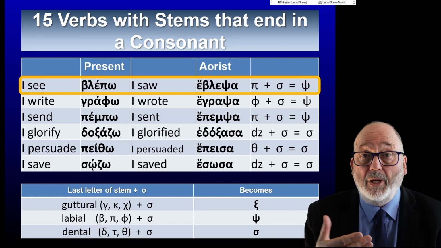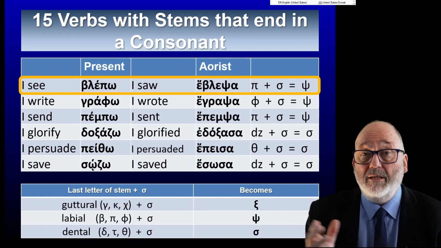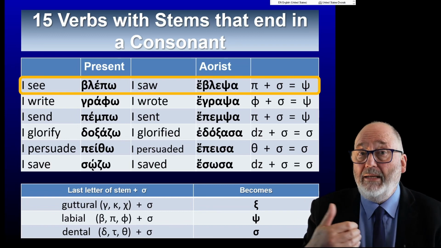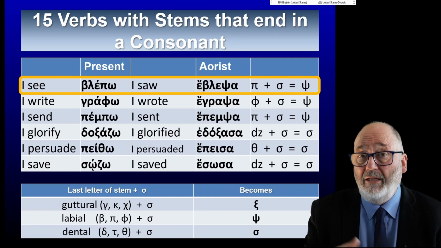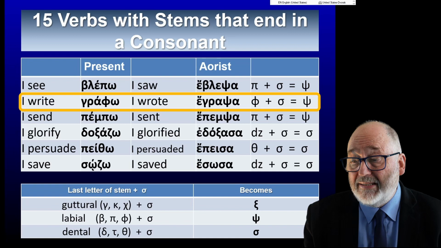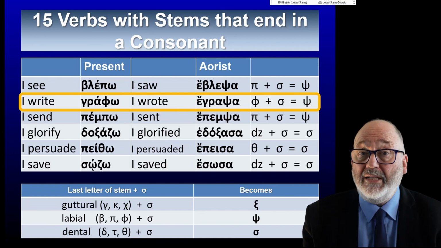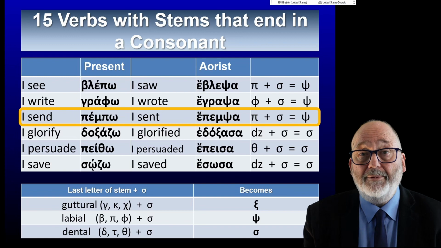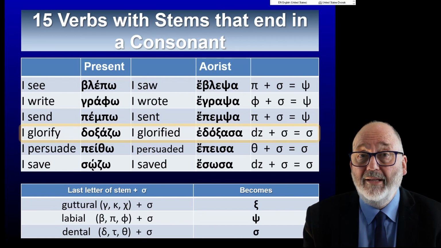Remember, the aorist of luo was elusa. So the aorist of blepo is eblepsa, the p and the s sound combined to a psi sound. The aorist of grapho is egrapsa, the f sound represented by the phi combined with a sigma to make a psi sound. Pempo, similarly, pi plus sigma makes psi.